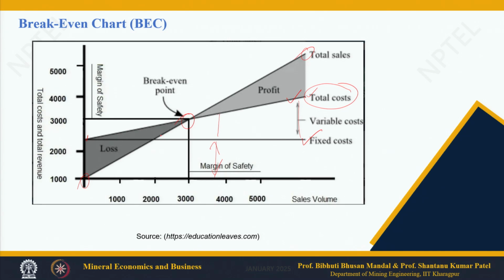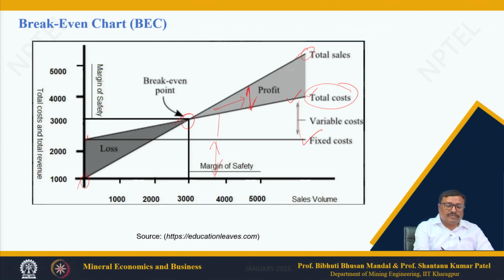Now, the question of profit and loss is very simple. You can demonstrate it with reference to the break even point. On this side, wherever you are above the total cost, you can see how much profit you are making.